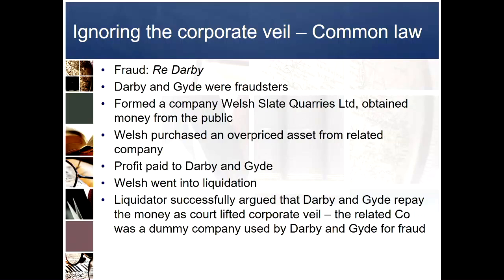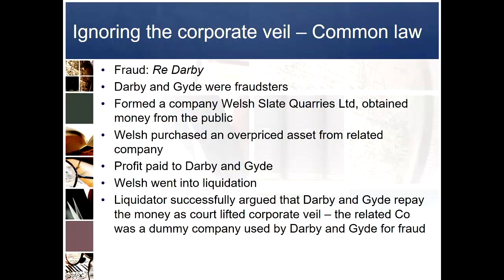So the company Derby and Guide, not this company, just this company had an asset. What Derby and Guide said, well, let's sell this asset, okay? They're selling this asset, and in return, we'll get the Welsh Slate Quarry Company to pay money. Who does the money go to? It goes to D&G Company. And who are the shareholders of D&G? Well, it's Derby and Guide.